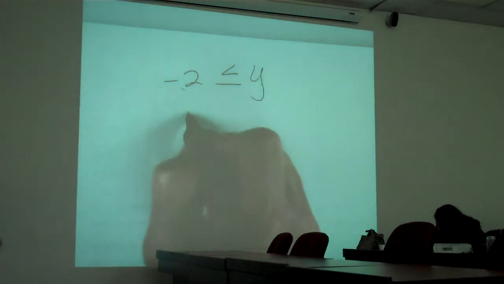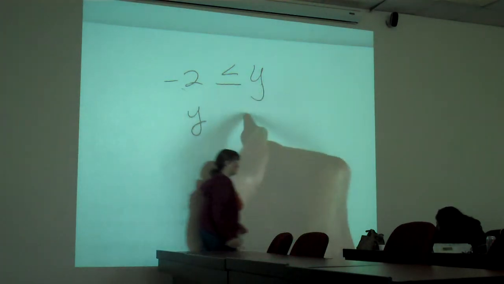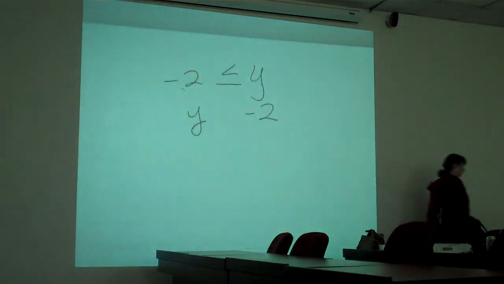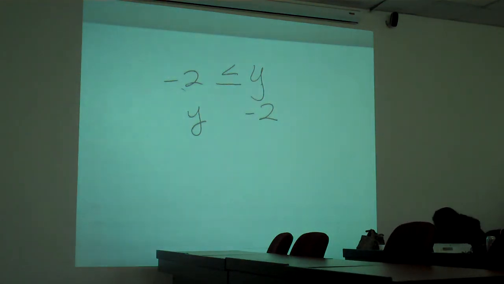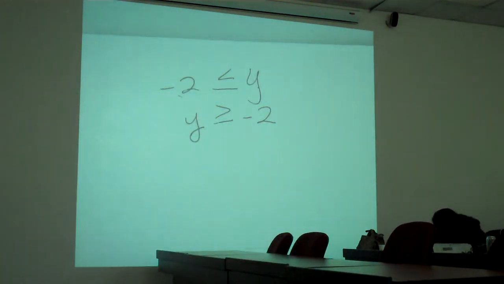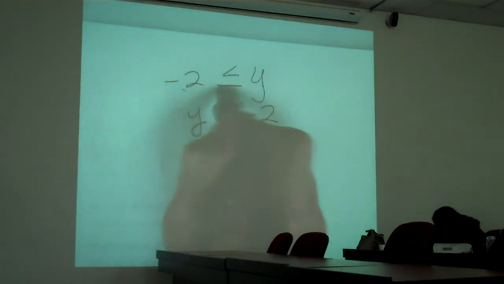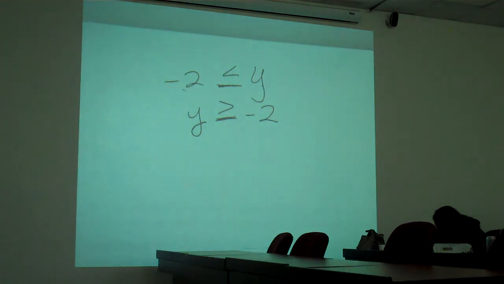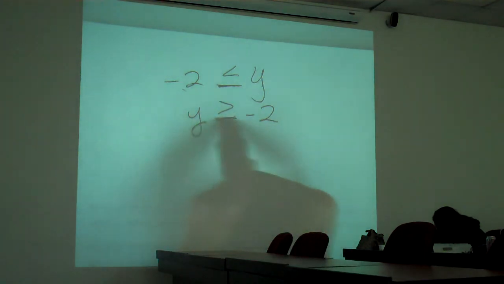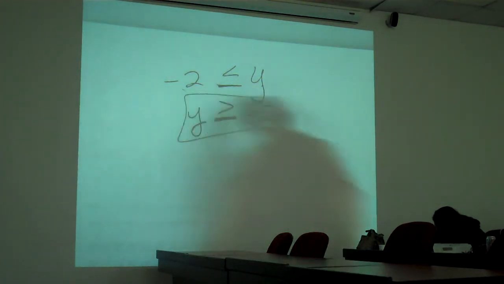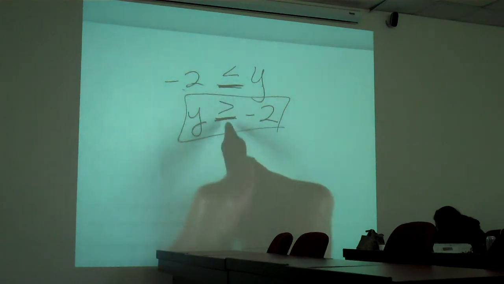So we're going to put the y in the front and the -2 on the other side. Switch the inequality to the other direction. The equal part stays there. If you flip an equal sign, it's still equal, right? It's still a line. So make sure you keep the equal part if you flip it.